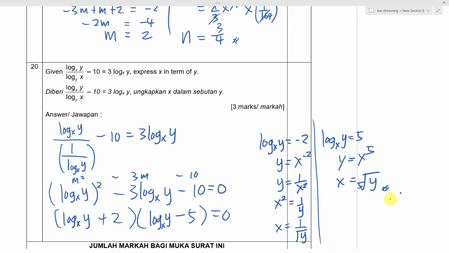And why will it be squared? Because you multiply them, right? If a divided by 1 over a, it becomes a multiplied by a over 1, so you get a squared. You just substitute a as log xy, then you should know what is happening here.